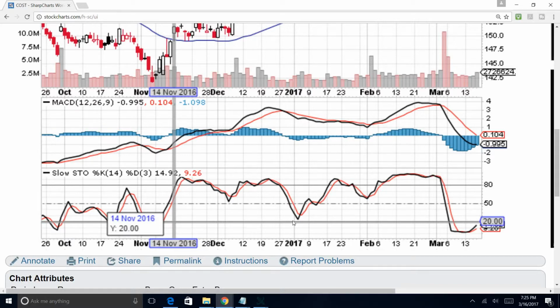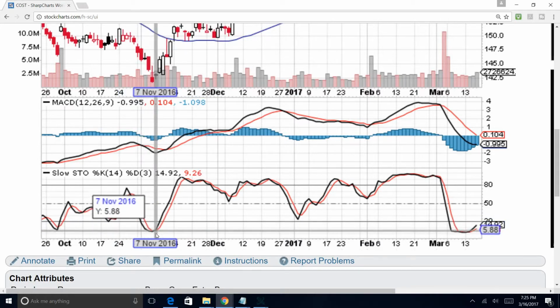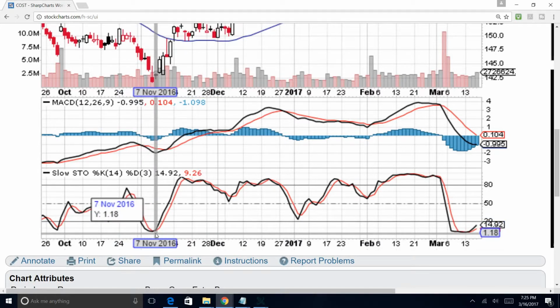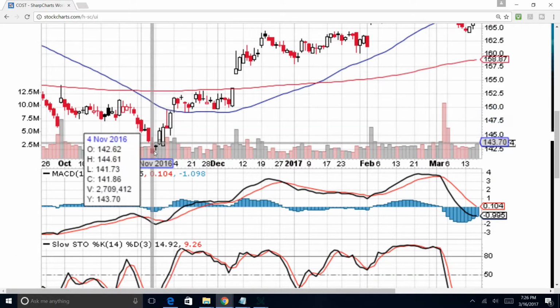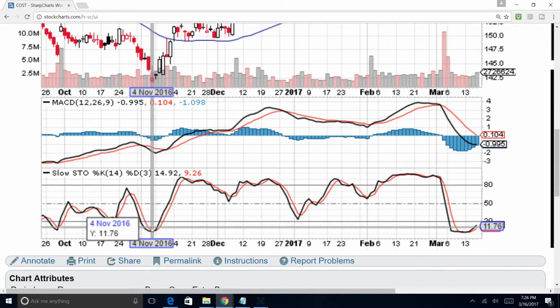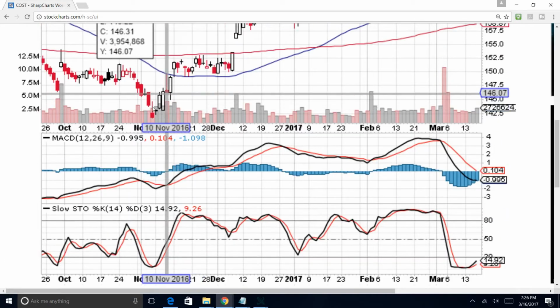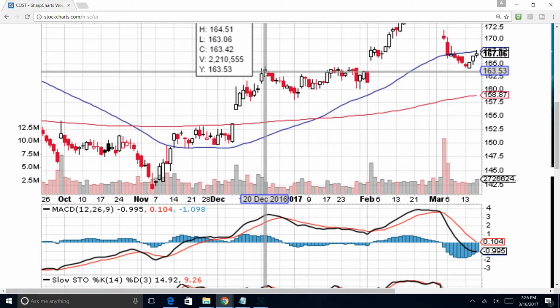So we look for things like that because when we look at crosses that happen when the stock is oversold, like this instance, November 7th, we see a definite turnaround following that. This was pretty much the low of this time period, and we had this stochastic cross, and after the cross we see the stock increase in price.